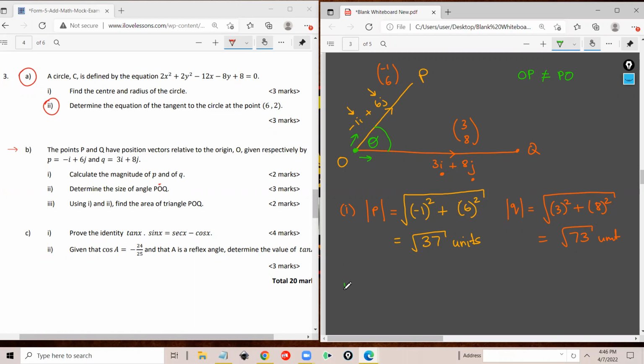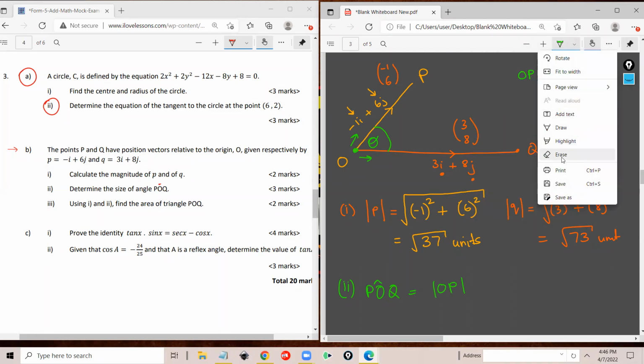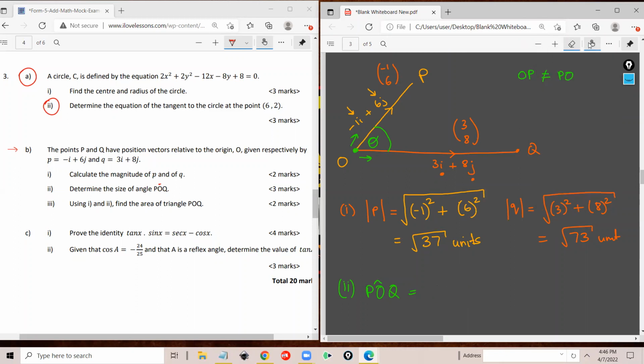So to find the angle between two vectors, we want to find angle POQ. Oh, sorry, I made a small mistake here. The formula is the dot product of OP and OQ divided by the magnitude of OP multiplied by the magnitude of OQ.